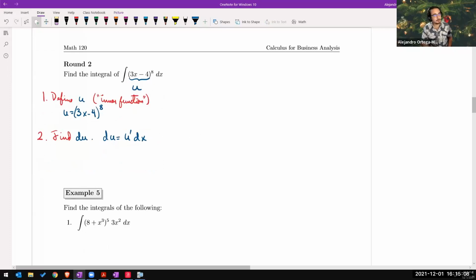All right, so in this problem, we get du is equal to, oops, sorry guys, my bad. Get rid of the eighth on the u, because remember, we're saying the u is the inside, and the inside was 3x minus 4.